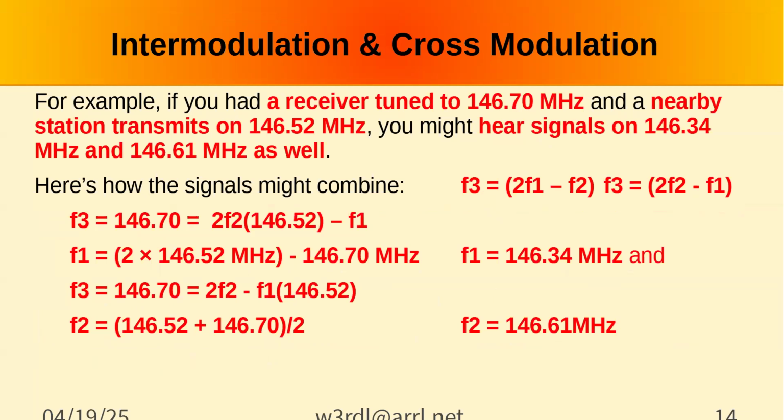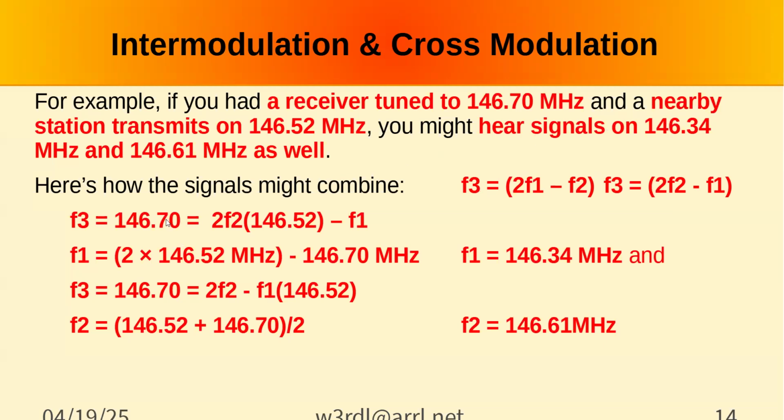So if I have some nonlinearity, I can actually hear signals on 146.34 and 146.61, which are a result of those intermodulation products. So if you remember that, and I just used F3 to represent these, the 2F1 minus F2 and 2F2 minus F1, which are those third order products that are going to be adjacent to your signal.